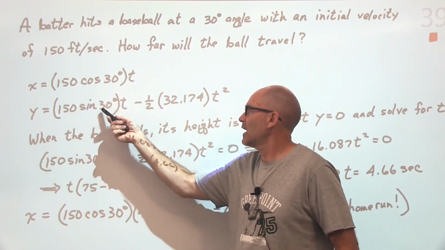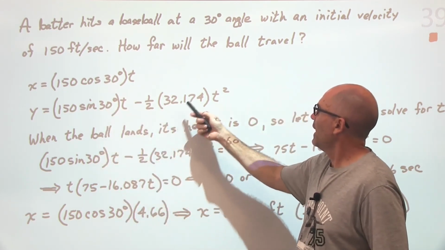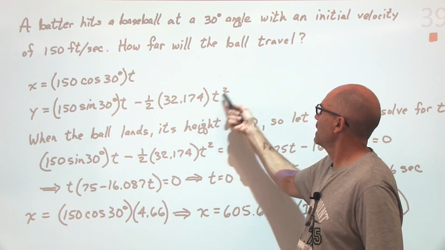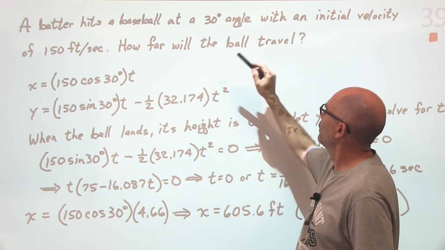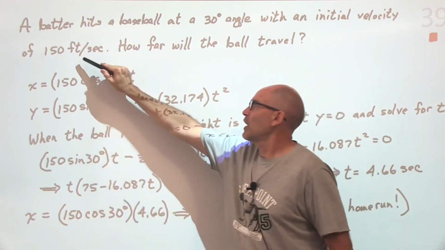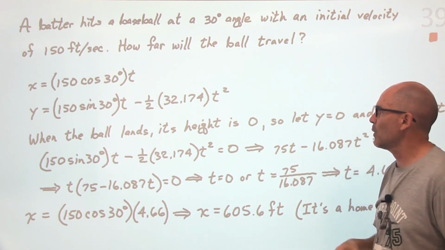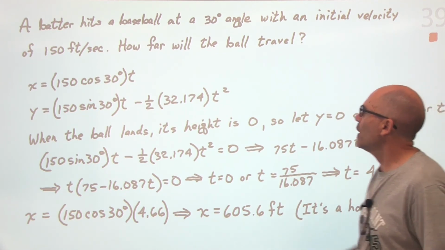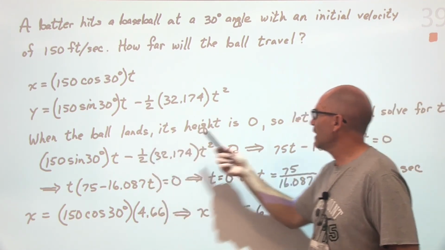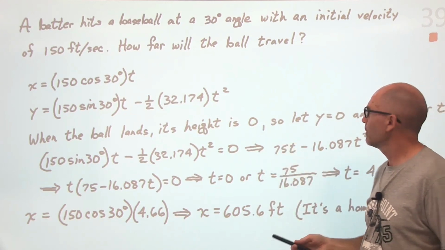That's velocity times sine of the angle times time minus 1/2 g t squared. Now g, remember 32.174 feet per second squared. We're given velocity in feet per second, so we know we need to use g in feet per second squared. So when the ball lands, its height is 0 feet because it's on the ground.